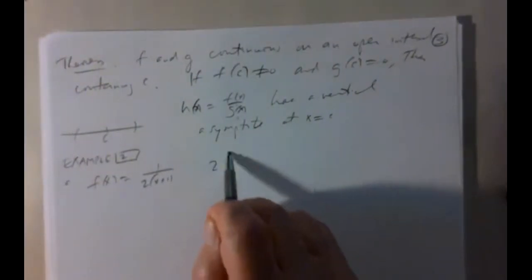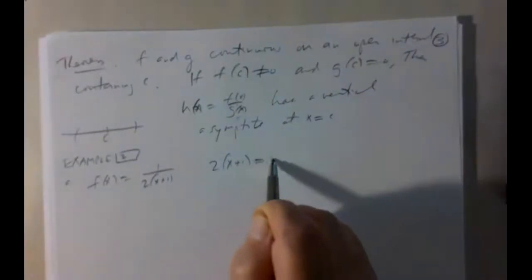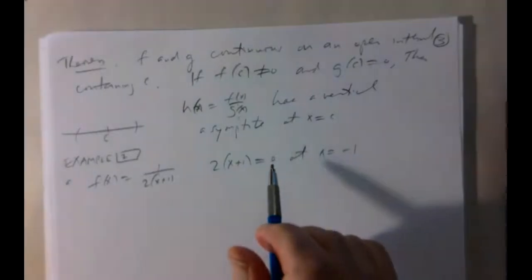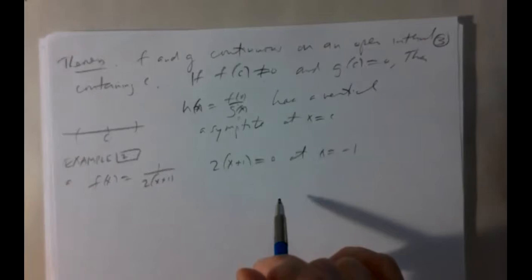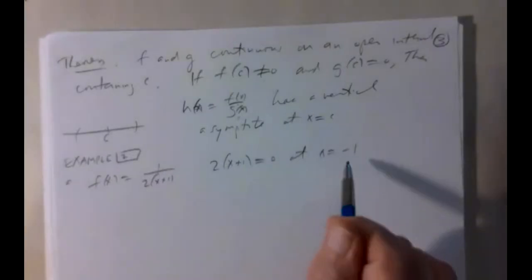We have first the function f of x equals 1 over 2x plus 1. 1 is continuous, and 2 times x plus 1 is continuous. 2 times x plus 1, though, is 0 when x is negative 1. So there's going to be an asymptote at x equals negative 1.